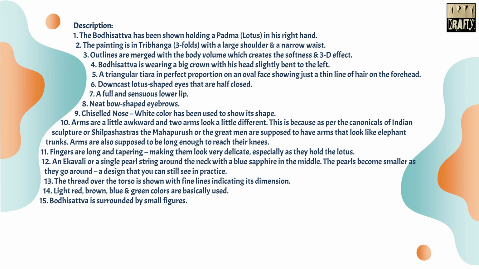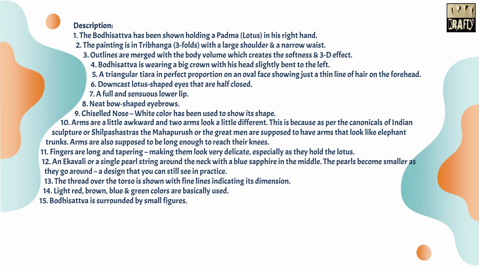Description: the Bodhisattva has been shown holding a Padma, that is a lotus, in his right hand. The painting is in Tribhanga with a large shoulder and a narrow waist. Outlines are merged with the body volume, which creates a softness and 3D effect.